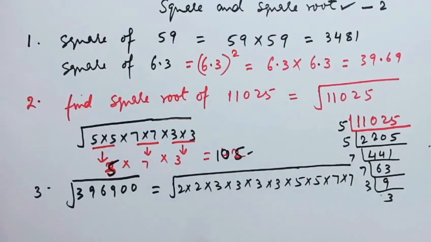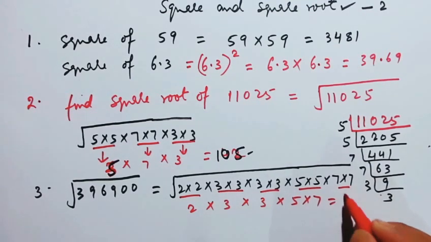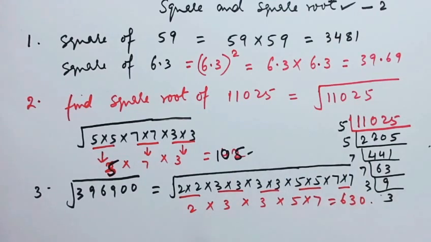From each pair, select one: 2 into 3 into 3 into 5 into 7. When you multiply, you will get 630 as your answer. Simple.